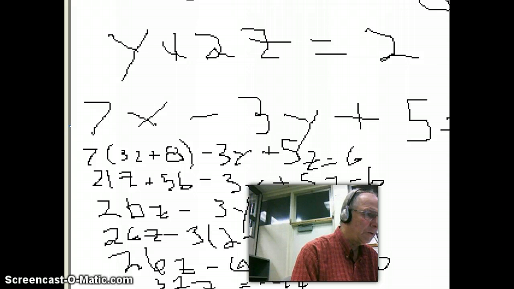Reduce that to lowest terms. Well, 22 over 16, which would be 11 over 8. So z would be equal to negative 11 over 8.